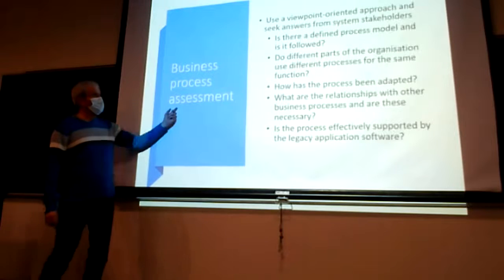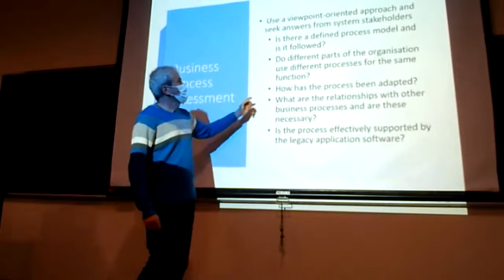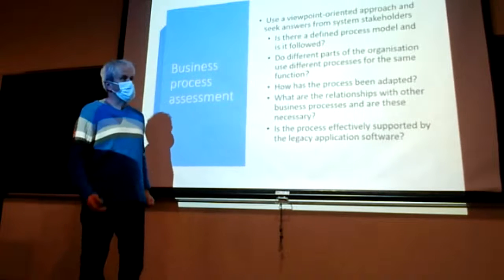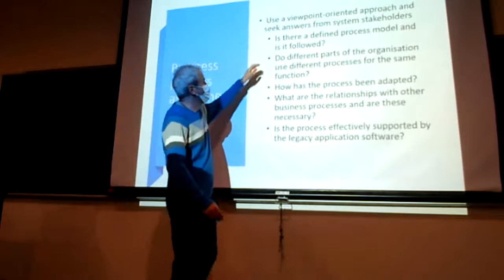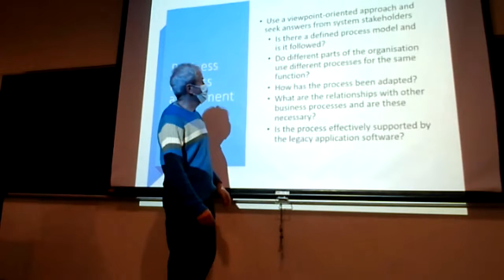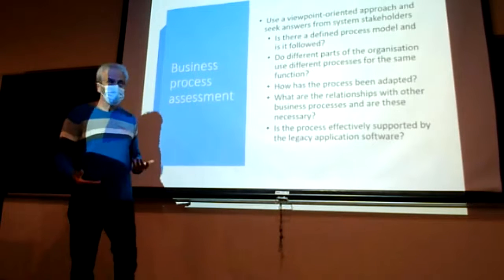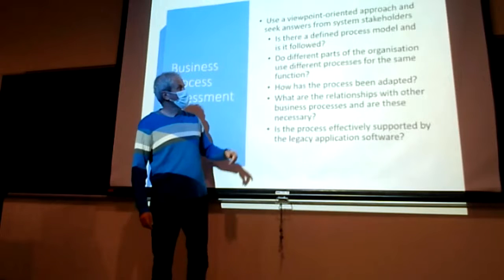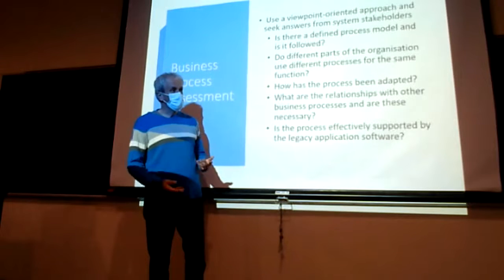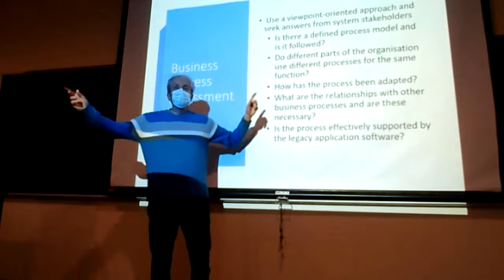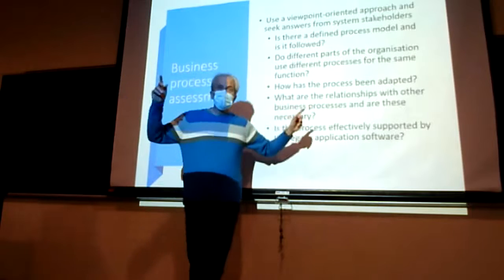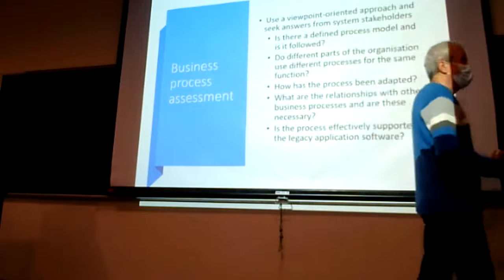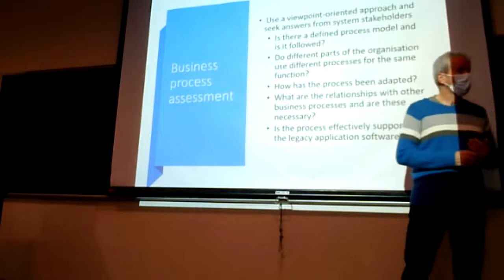And then business process assessment. Use a viewpoint approach and seek answers from system stakeholders, whoever is involved with the system. Is there a defined process model which is followed? The different parts of the organization use different processes for the same function. Here in your product, your application might provide maintaining the customer database, right?